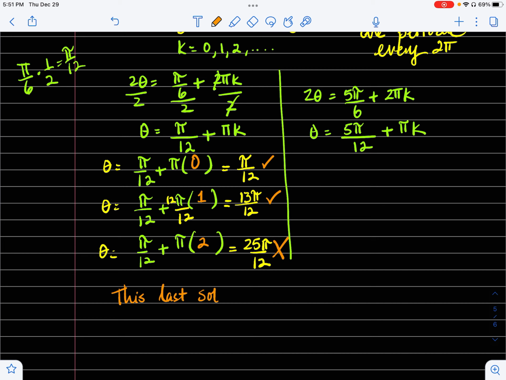This last solution is outside the specified domain in the question, which was theta must be between 0 and 2 pi. So basically I got two answers from that side. Let's go ahead and work on the next one.